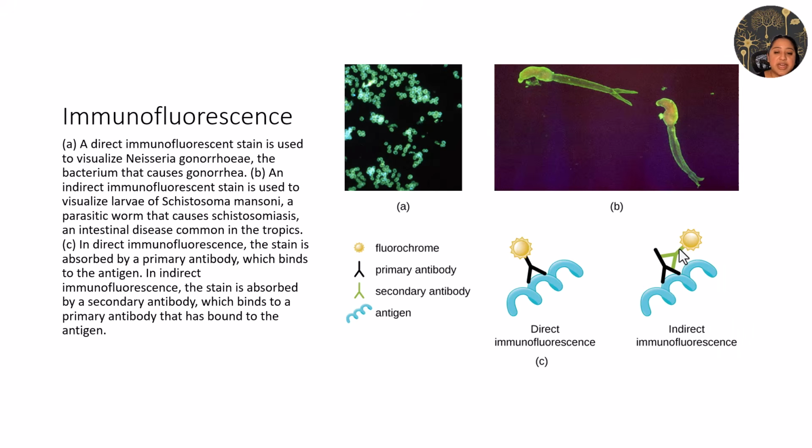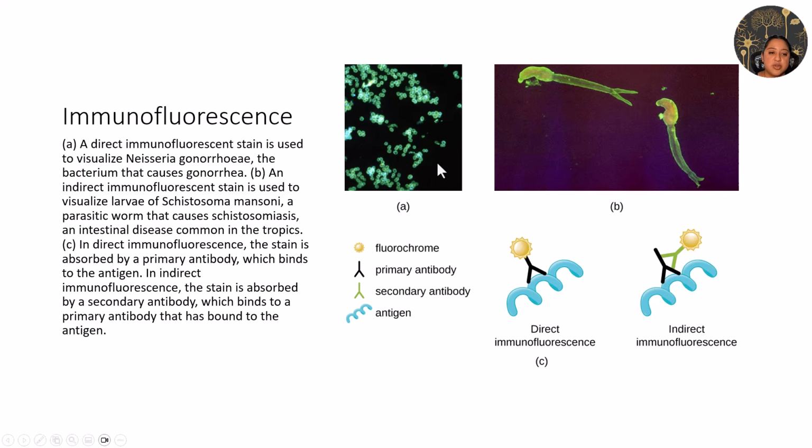And then another way of seeing fluorescence is through a different technique called immunofluorescence. In this case, it's usually some kind of fluorescent stain that marks antibodies. And the antibodies will bind to something and show you something.